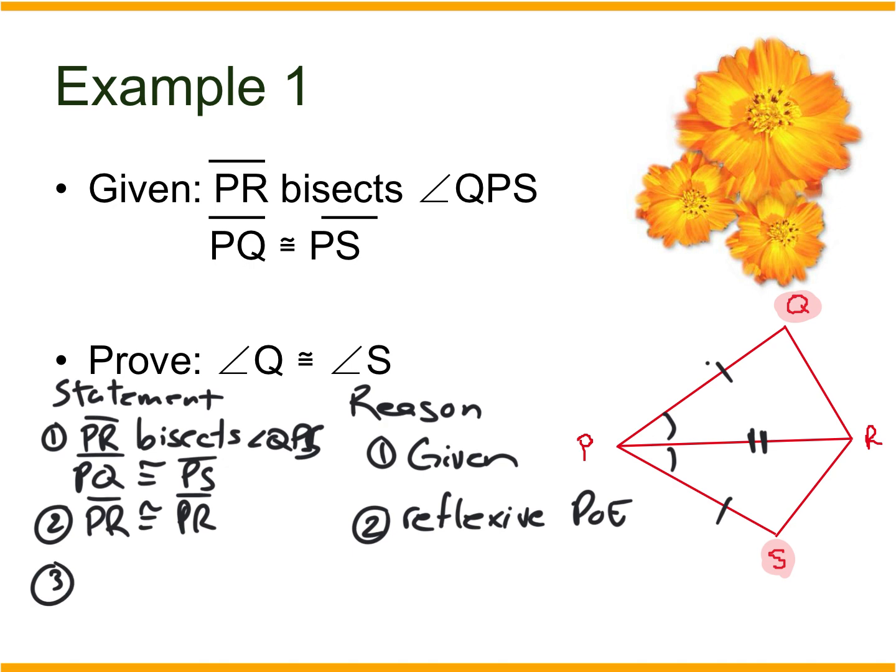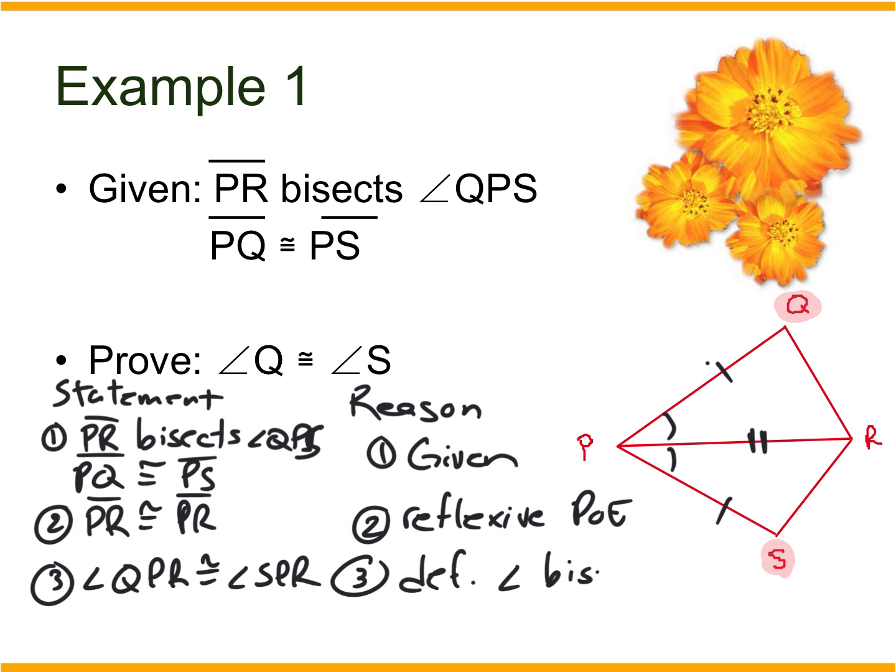Then I'm going to talk about the angle. So we have angle QPR is congruent to angle SPR. That is the definition of an angle bisector. And I'm going to create a new slide and rewrite this with a little more space so I can write steps 4 and 5.